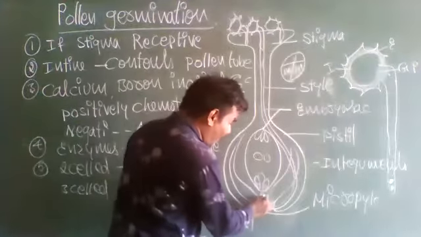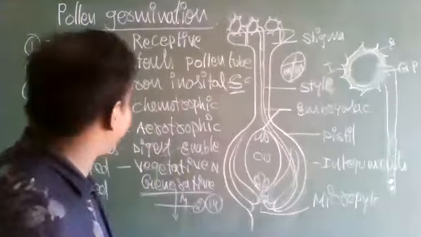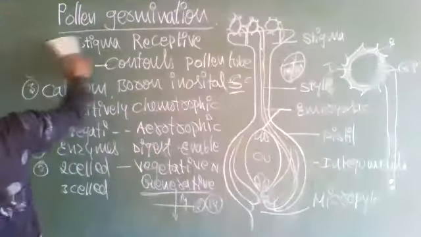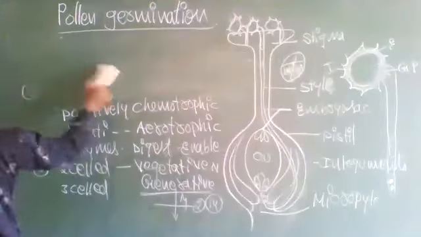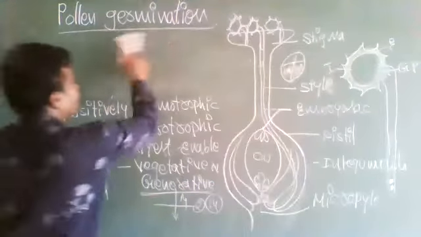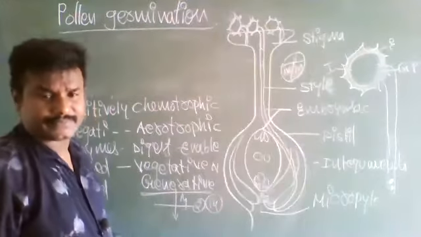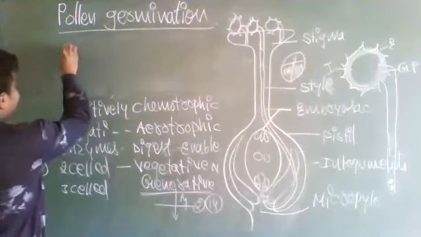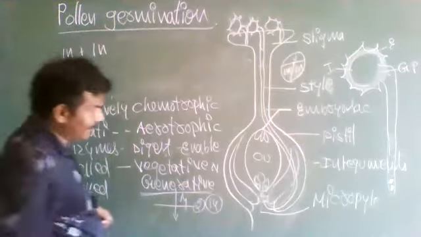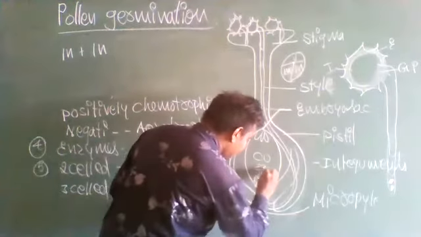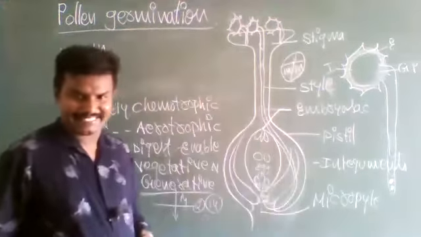So here, one male gamete fuses with the haploid egg. So this is called egg, already we discussed.